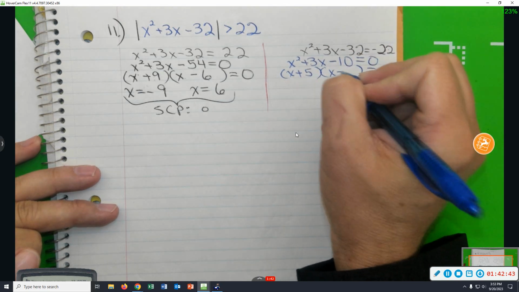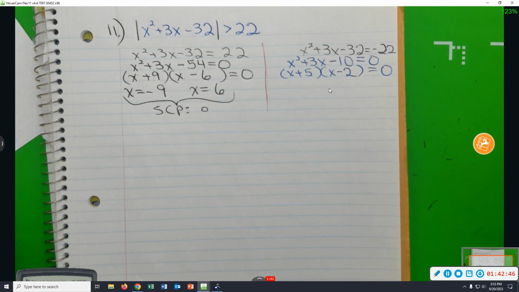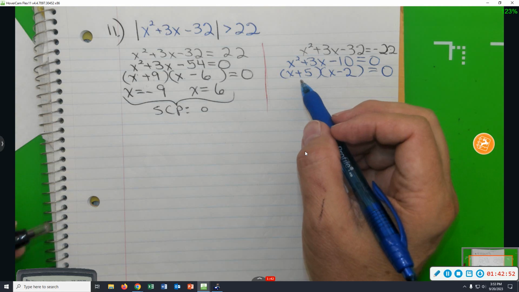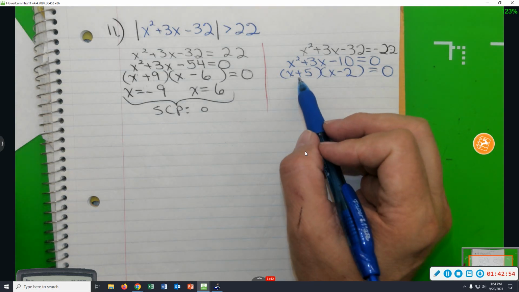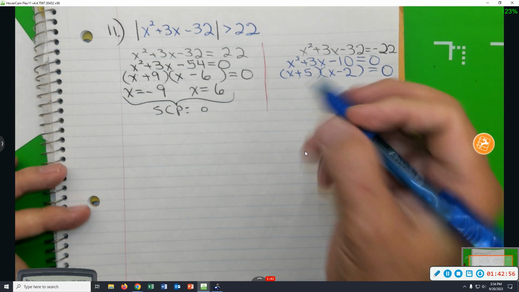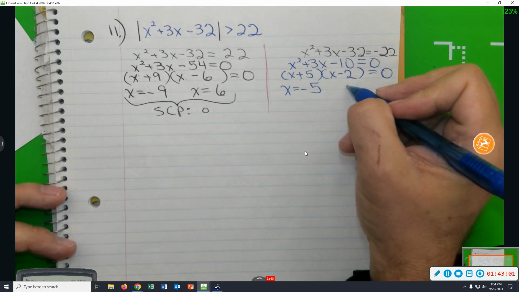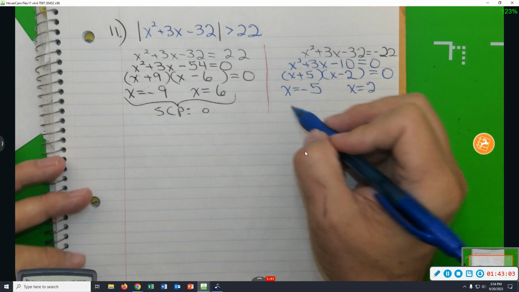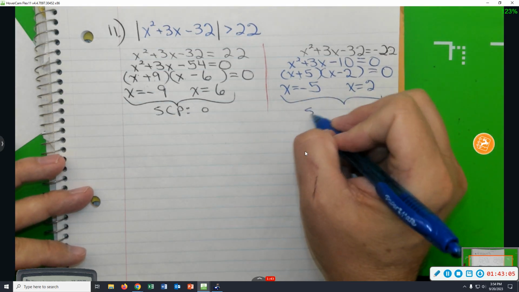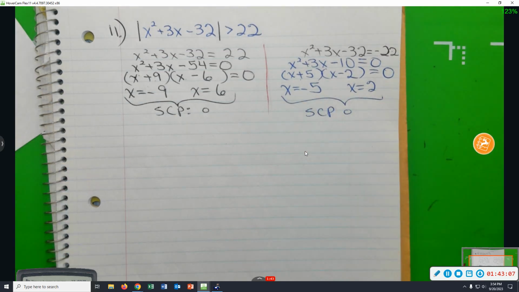An x plus 5 and an x minus 2. And that's going to give us two additional solution cut points of x equals negative 5 and x equals 2. Once again, solution cut points labeled open.